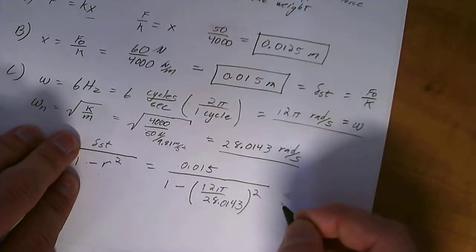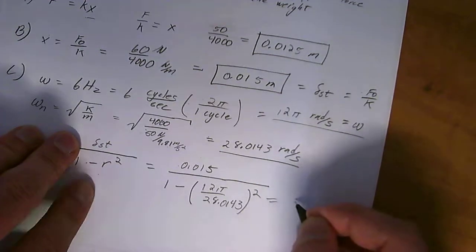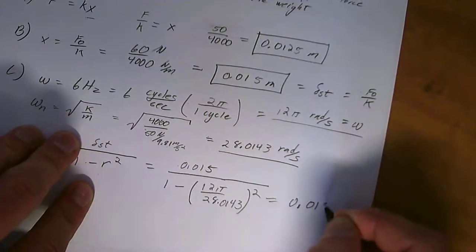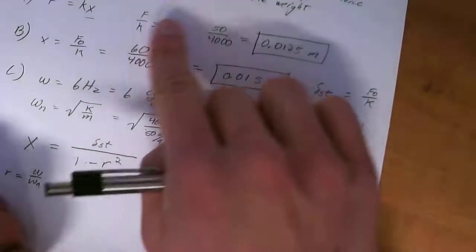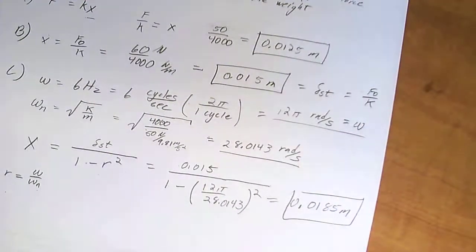And if you solve that out, it will be 0.0185 meters, which is your maximum displacement, the maximum amplitude for the forced motion of the weight.